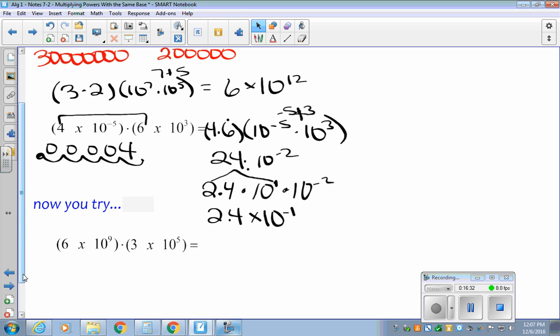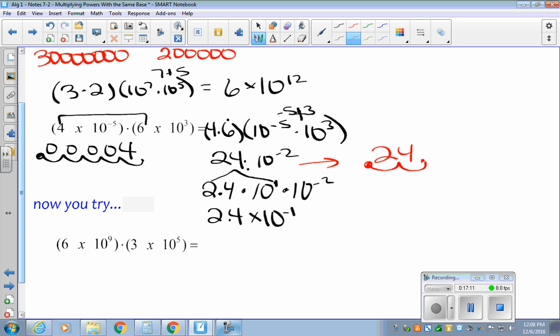If it's negative, we move it left. So if I were to go from 24 times 10 to the negative 2, the decimal would be right here. Negative 2 means I move it to the left 2.